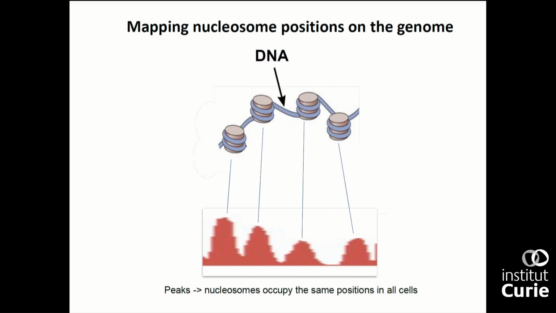The fact that you see peaks, when you do this on a population of millions of cells, means that nucleosomes occupy the same position in all the cells, approximately. Or at least there is a strong impact here of the DNA sequence. And then there is a question which is left: how does a DNA know to go here but not there? What makes it go always on the same sequence?